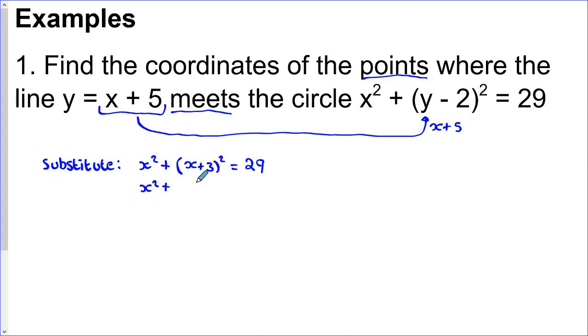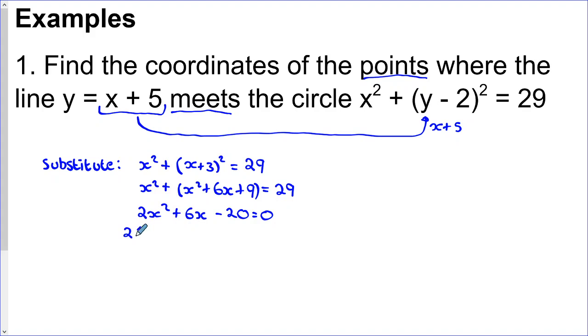So that's all we need to do now. Expand. Simplify, bring the 29 over. So we've got 2x squared plus 6x, take away 20, equals 0.